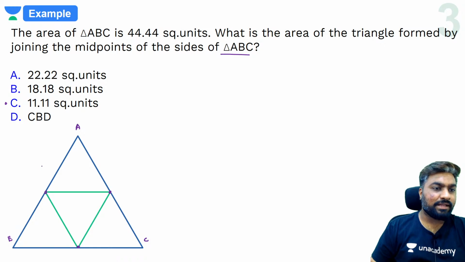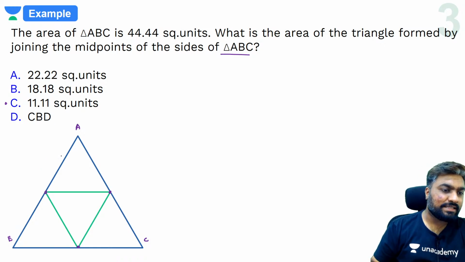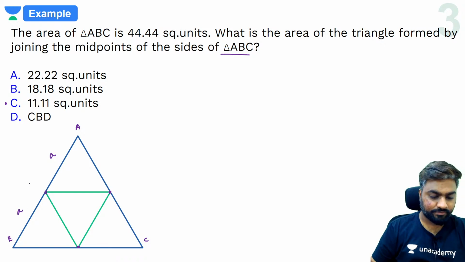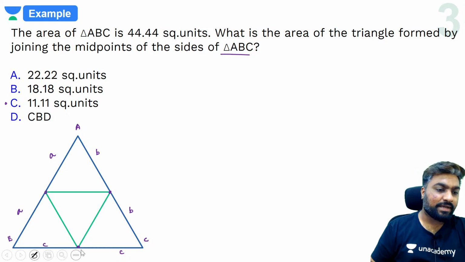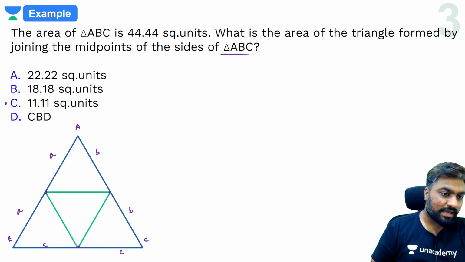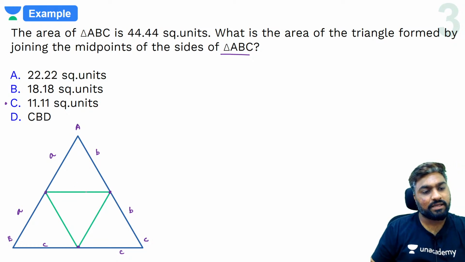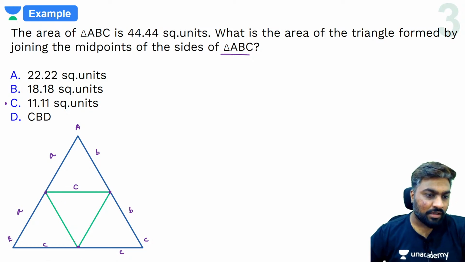If we consider this is A, then this will also become A. If I consider B, this will also become B. If I consider this C, this will also become C. Now since we have smaller triangles made from the midpoints, this length will be equal to 1/2 of C.